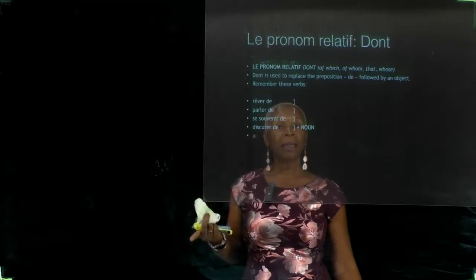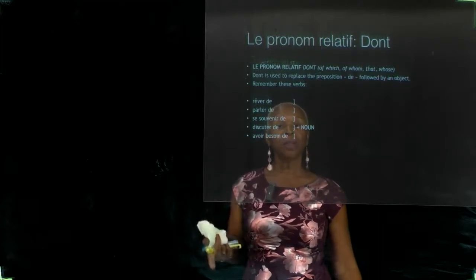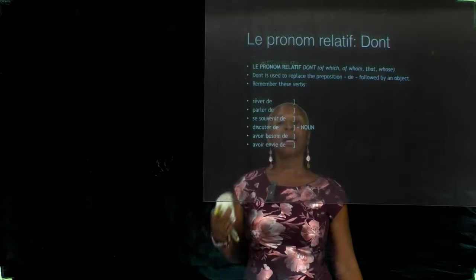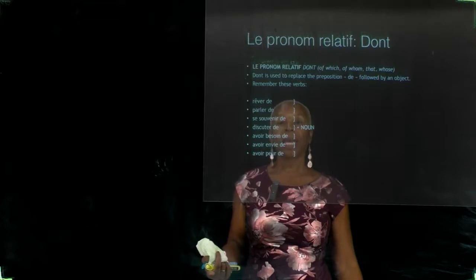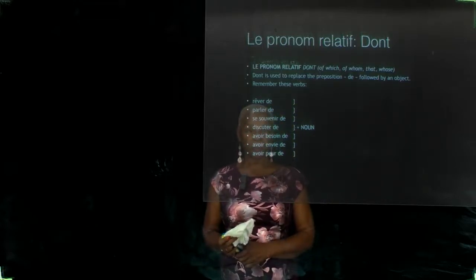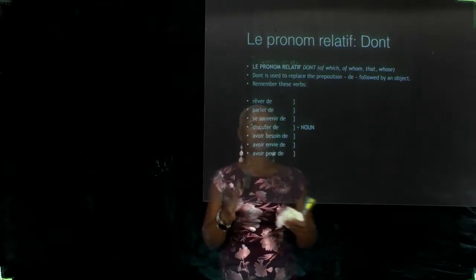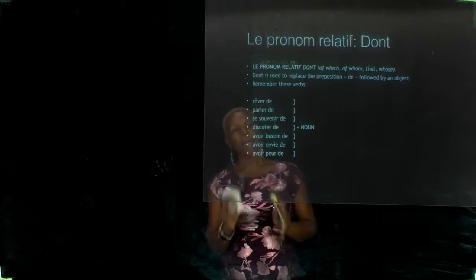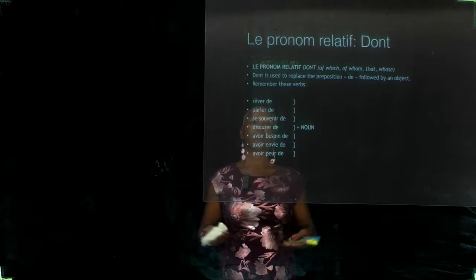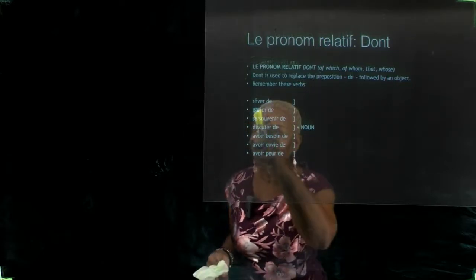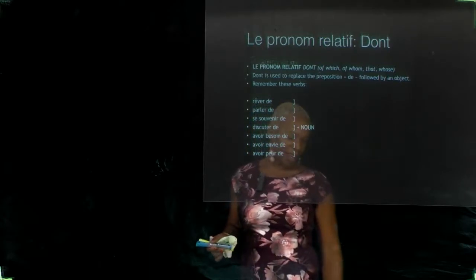Rêver de, parler de, se souvenir de, discuter de, avoir besoin de, avoir envie de, avoir peur de. Okay? All of these verbs. These are like the ones that you know the most. When they're followed by a noun, when you need to use a pronom relatif, you're going to use dont. So please make a note of these. D'accord?